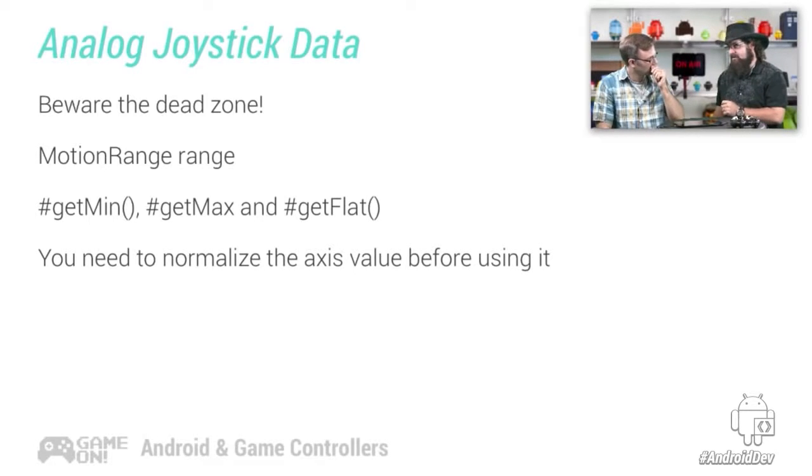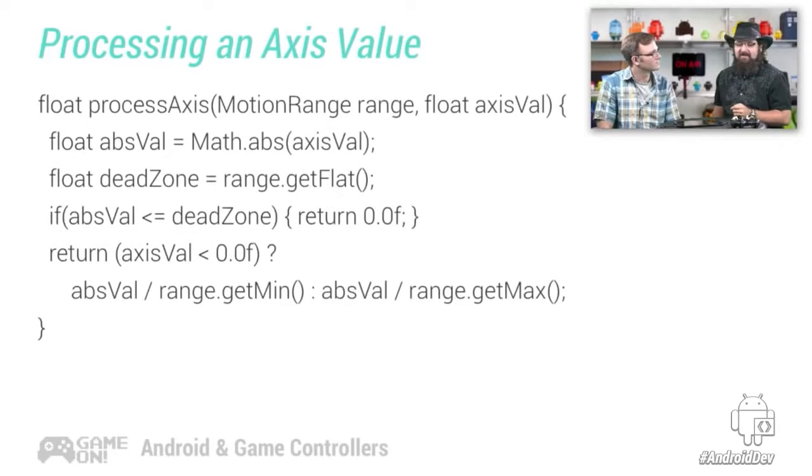You'll have to normalize your axis values accordingly. I actually have a bit of code here that shows this off. If we want to process an axis, and we have some axis value that we've gotten from our input state or controller state object, we have a motion range and the axis value. What we want to do is get the absolute value of that axis value, and then determine the dead zone, so we go get flat.